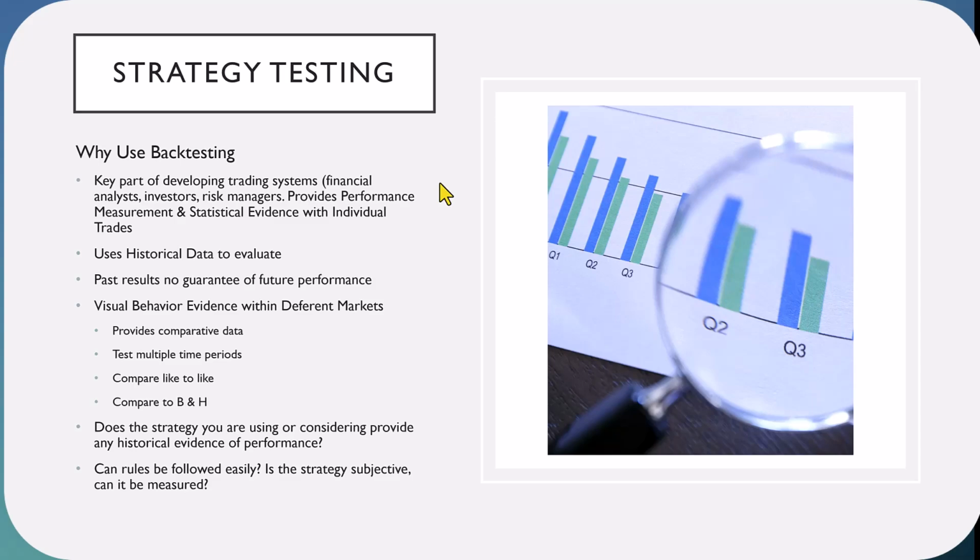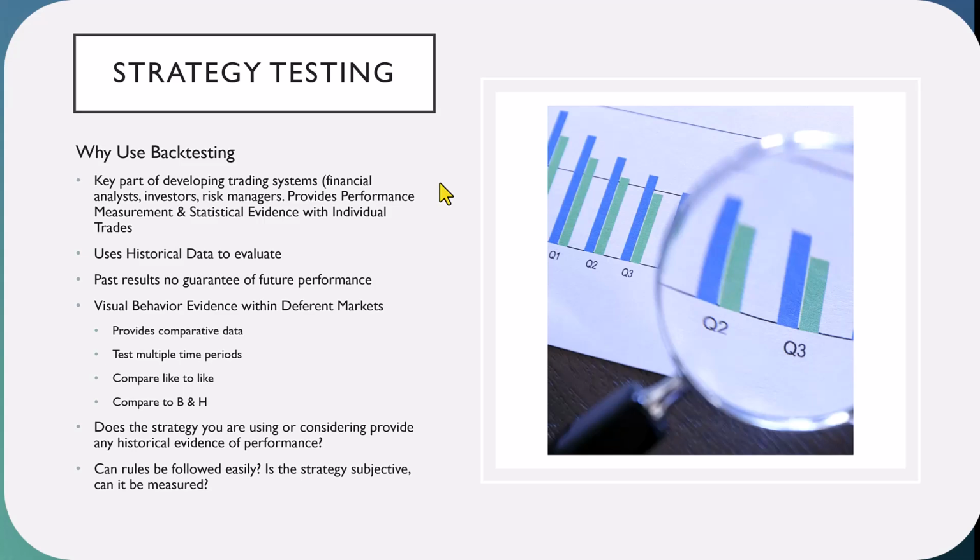But backtests will give you visual behavioral evidence across different types of markets about how a strategy will perform. It'll show you what it will do across different time periods, and it's great for comparing against buy and hold and other strategies.